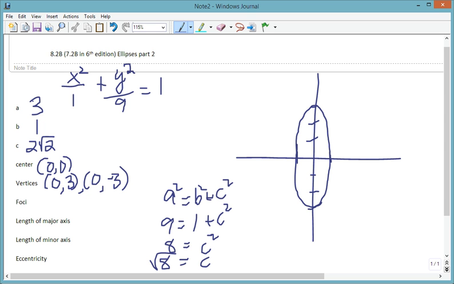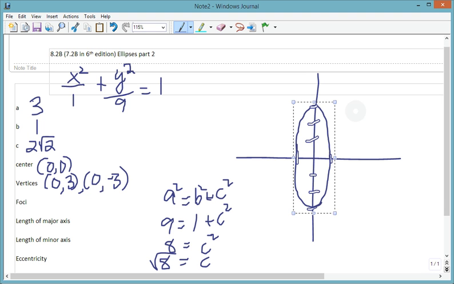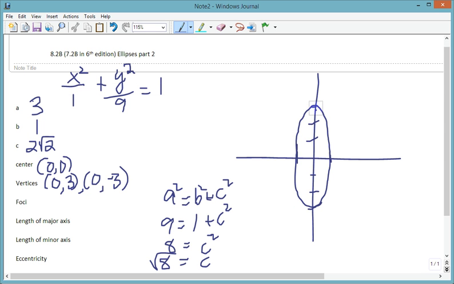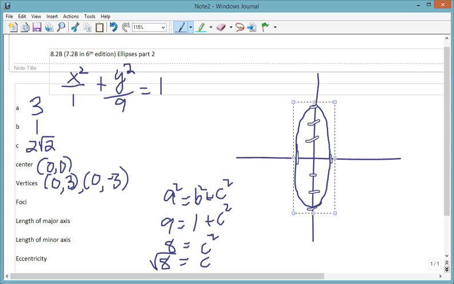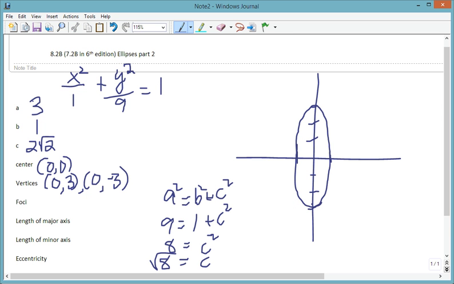Square root of 8 is a little less than 3, so it's really close, right? And we kind of knew it was going to be because it's so skinny. So that c is going to be really close to the a.